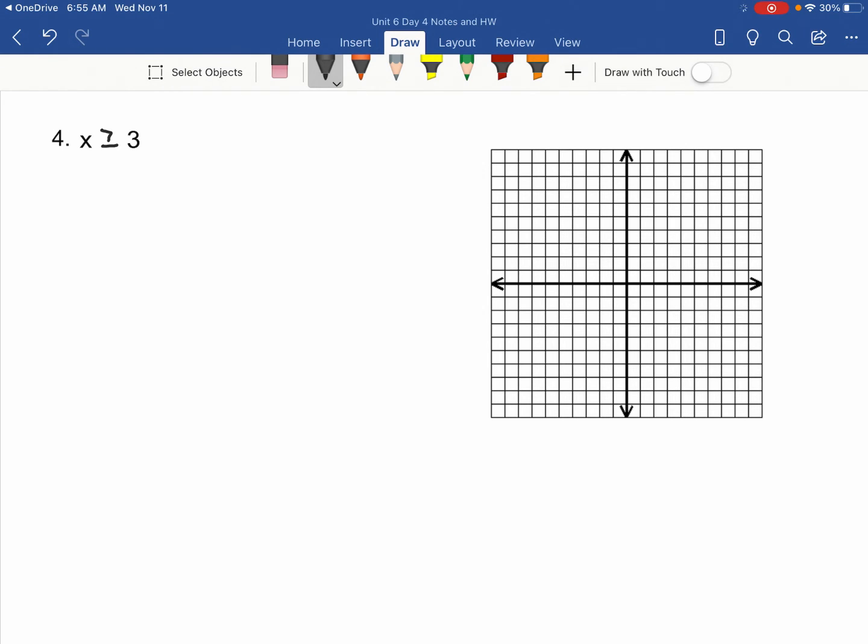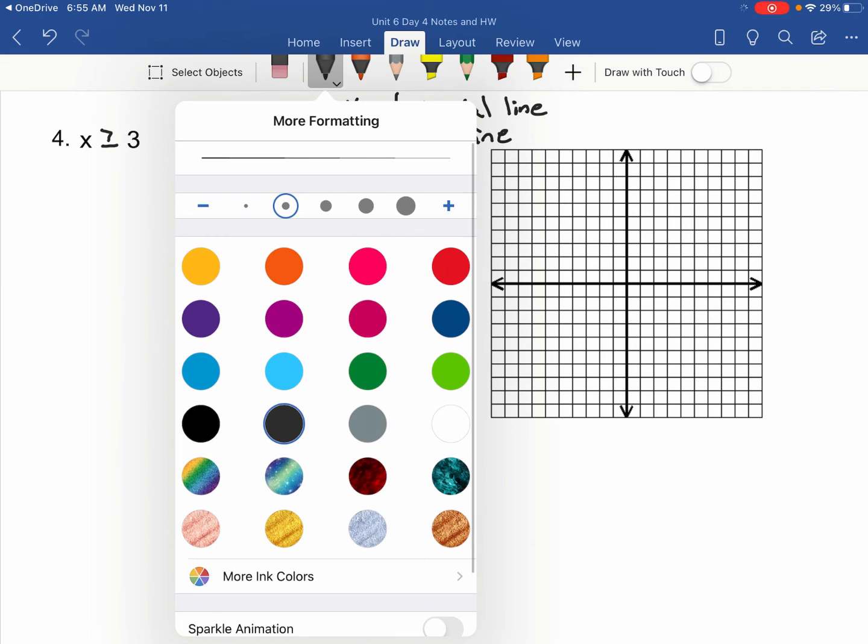I'm just going to write over here, when y equals a number, it's a horizontal line. That number tells us where the line crosses the y-axis, horizontal, left and right. When x equals a number, it's a vertical line. And that tells us where the line crosses the x-axis, okay?